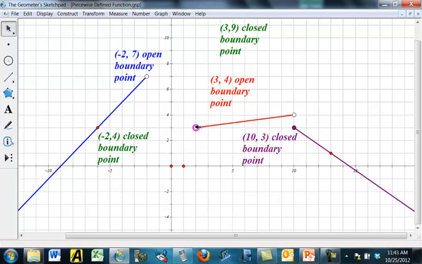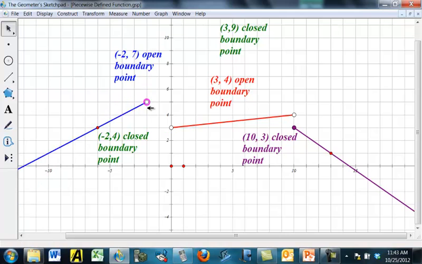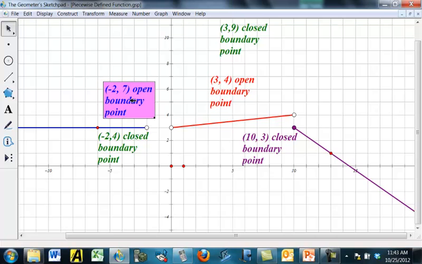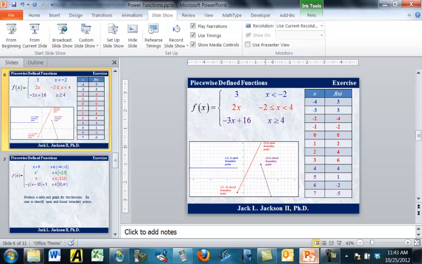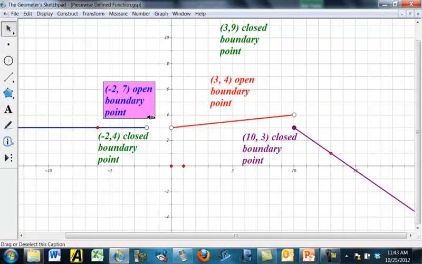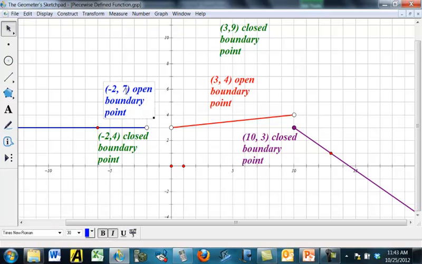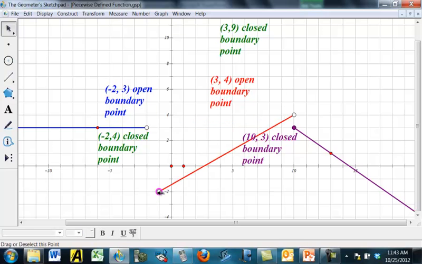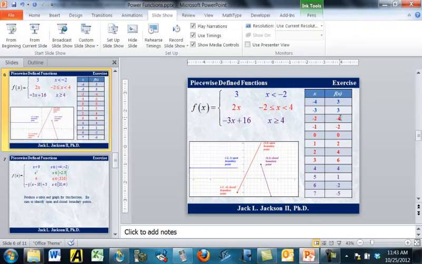Okay, so we had 3 pieces. This one was at 3, and it went forever this way. And it goes up to, where again? Let's go back. Goes up to negative 2, but doesn't include negative 2. Okay, so negative 2, and that's 3. Alright, that's our blue piece. Our red piece should go from negative 2, 4 to 4, 8.